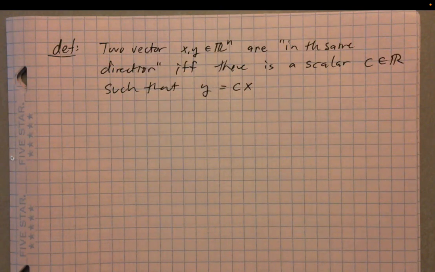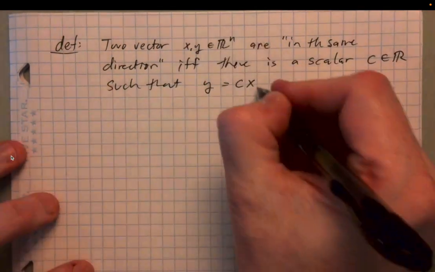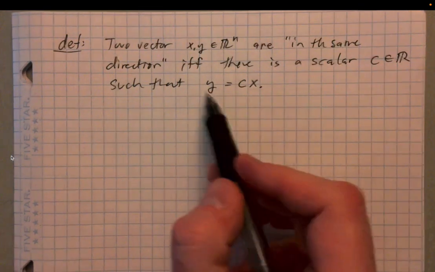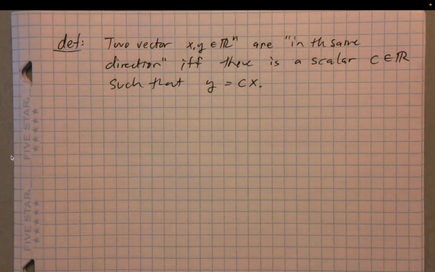Hopefully that's straightforward, because we saw what happens with scalar multiples of vectors. When x was (1, 2), 2x was (2, 4). The vector just gets longer but remains in the same direction. So if two vectors are in the same direction, it should be possible to scale one of them to the length of the other. That's what this is saying.